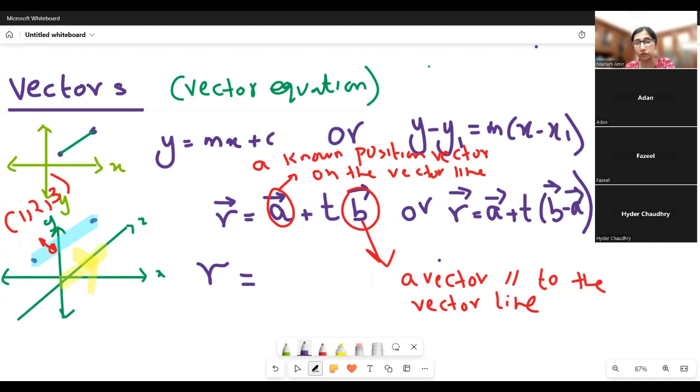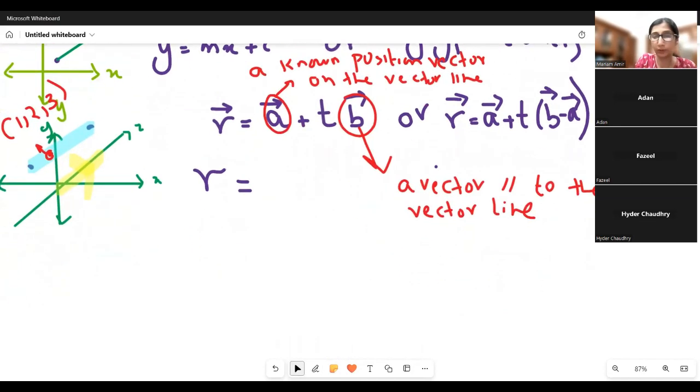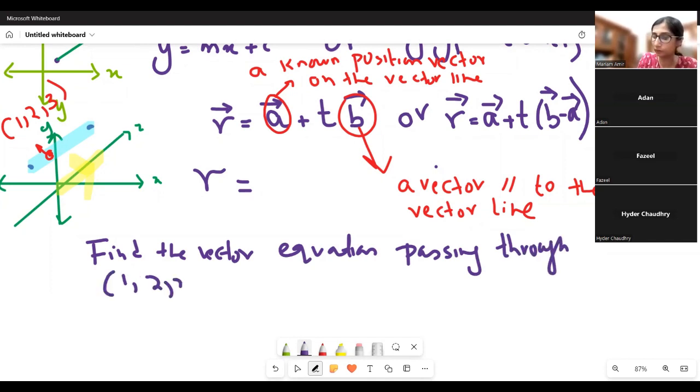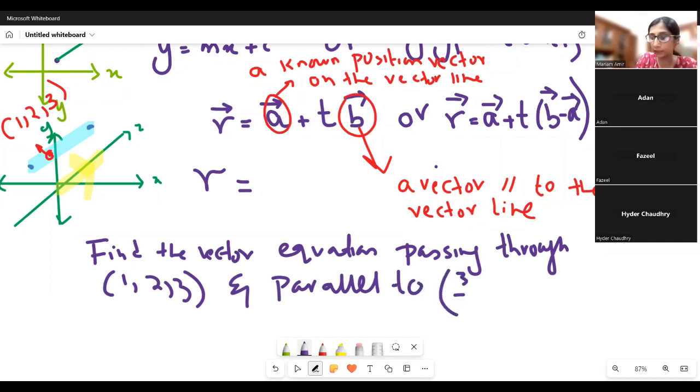Okay, let me give you an example question from this form first. Find the vector equation passing through (1, 2, 3) and parallel to (3, -1, 4).